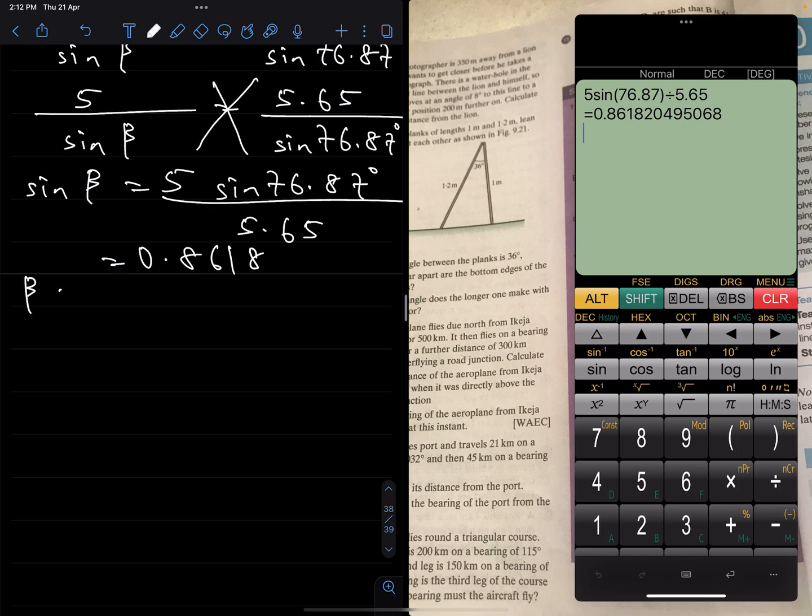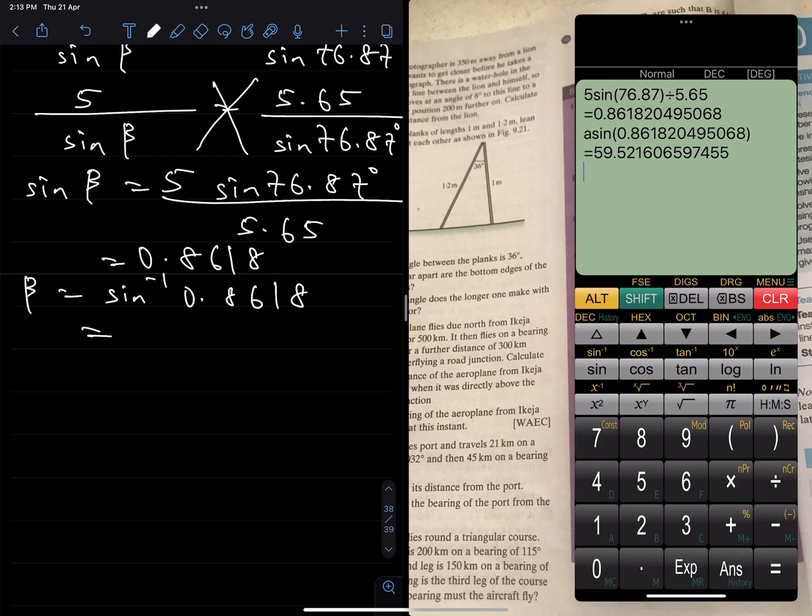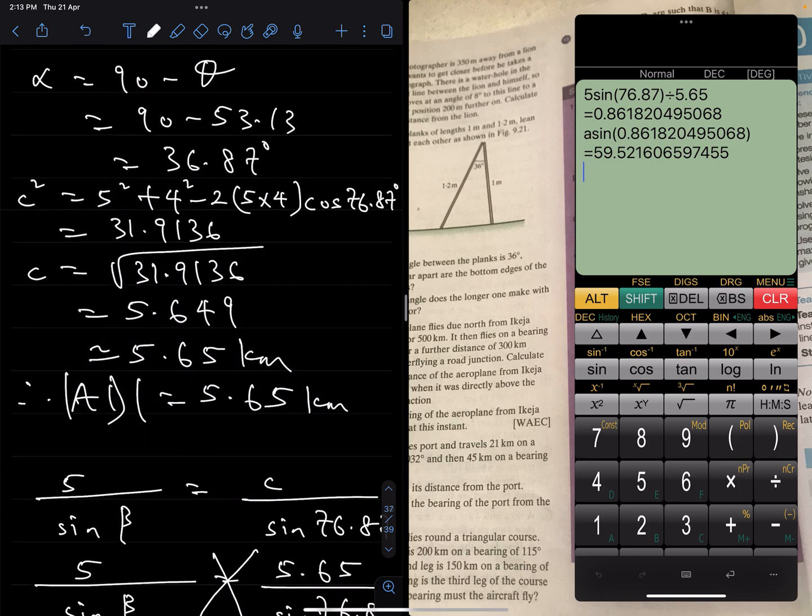So beta is the sine inverse of 0.8618, and that's 59.522.